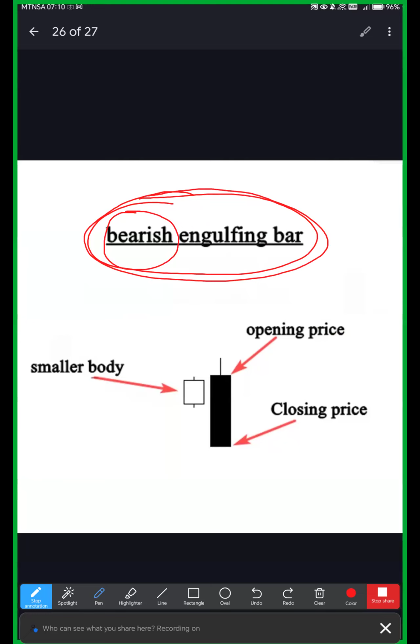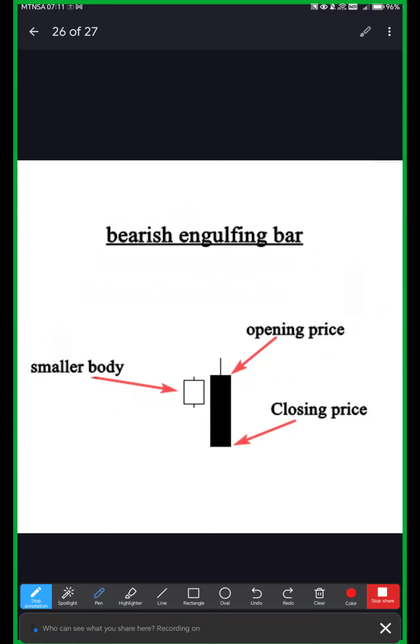So you will see that when it comes to engulfing bars, one candle engulfs the other. In this scenario, the candle in front engulfs the previous candle. What is to engulf? To cover.